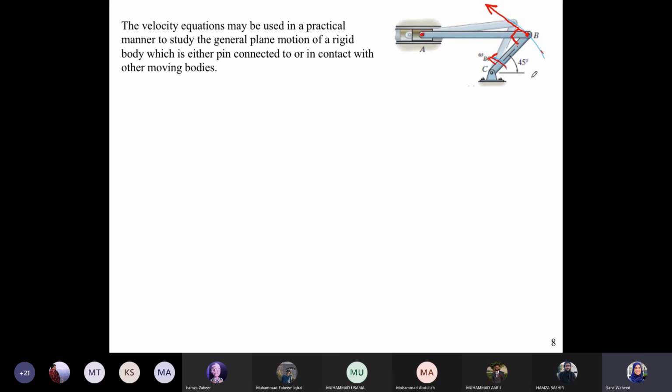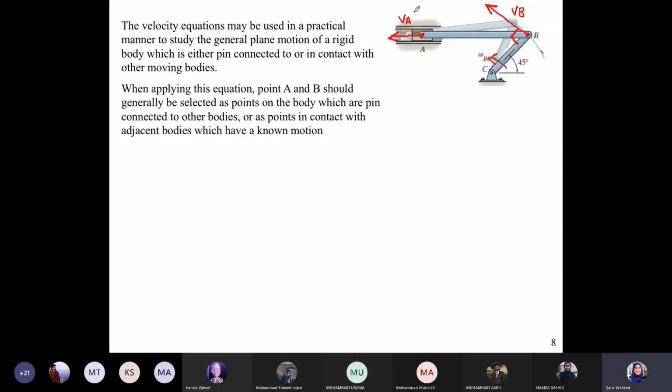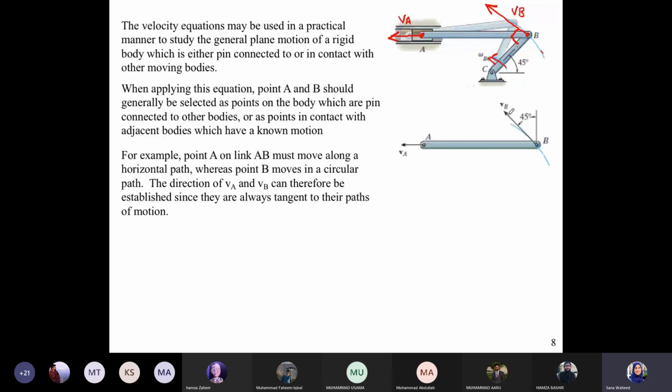Next, I think you can all spot that, let's say I have to go from VB to find what the velocity of this piston will be. I think you all can spot that A is going to be horizontal because it is confined to that. So I can already draw in what will be the directions of these two points of interest to us.